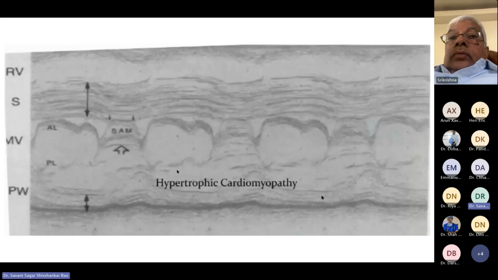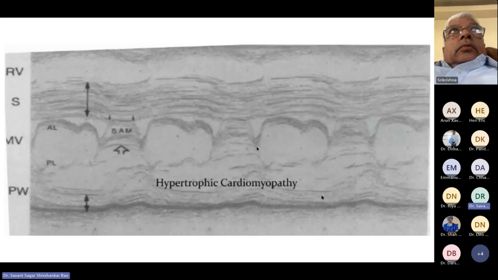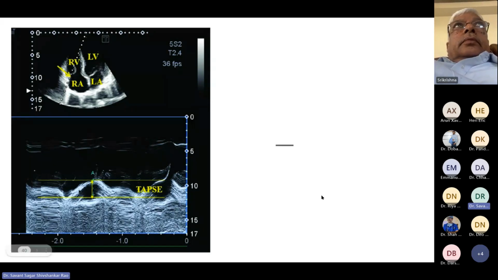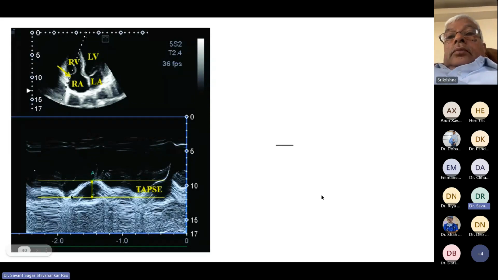All these were the M modes at the level of the left ventricle, assessing the left ventricular dimension, ejection fraction, and systolic function. Other than that, it is also used in RV function. Getting a 4-chamber view of the heart and then using an M mode passing through the lateral annulus of the tricuspid valve gives us the excursion as shown in the lower image.